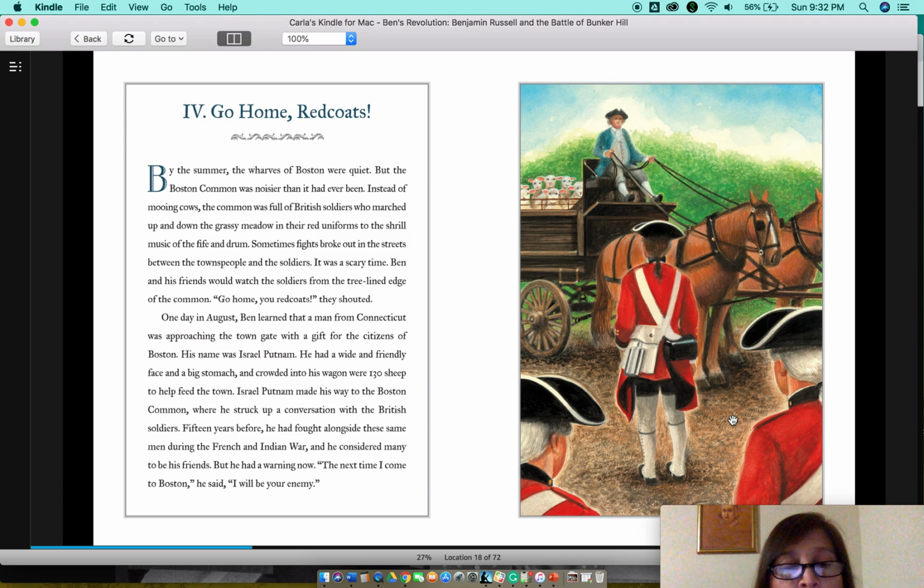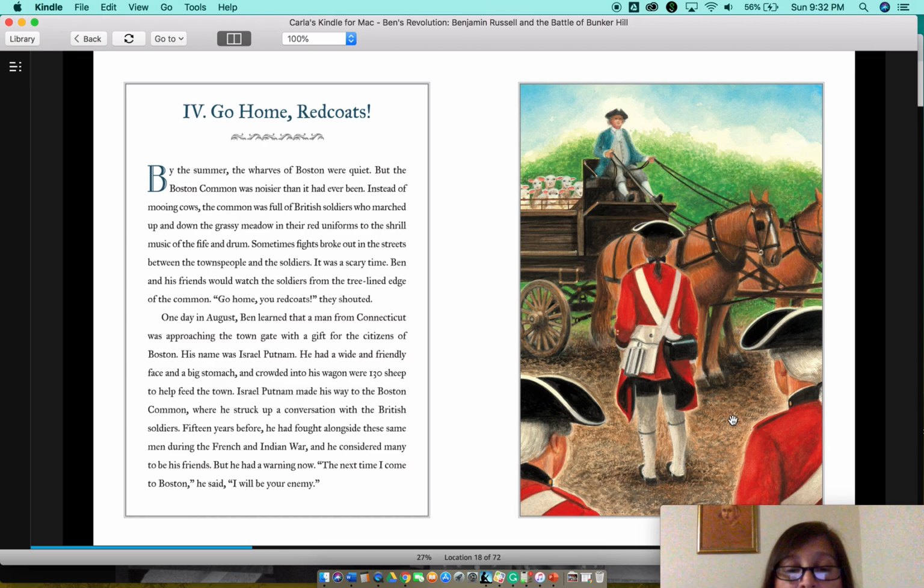Israel Putnam made his way to the Boston Common, where he struck up a conversation with the British soldiers. Fifteen years before, he had fought alongside these same men during the French and Indian War, and he considered many to be his friends. But he had a warning now.